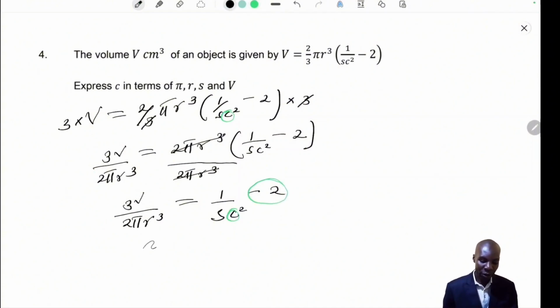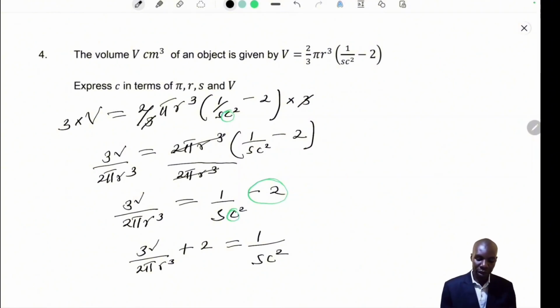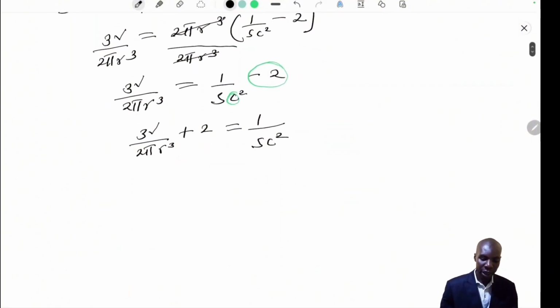So we'll have 3v over 2 pi r cubic, and if minus 2 comes to the left-hand side, it will be plus 2, equals 1 over SC squared. Then, we can say 2 over 1, like that.